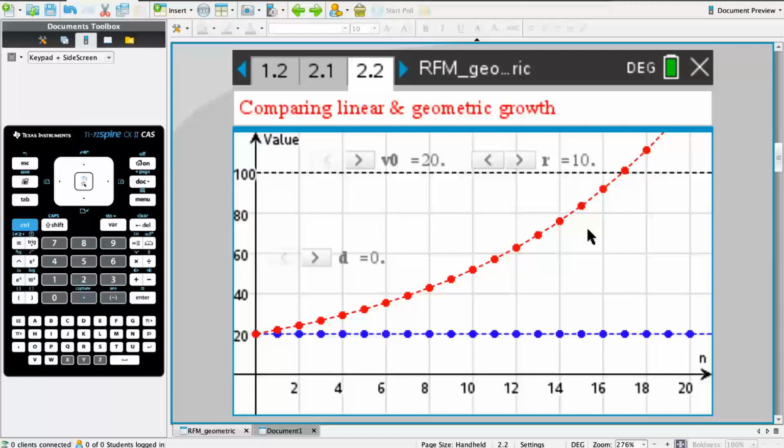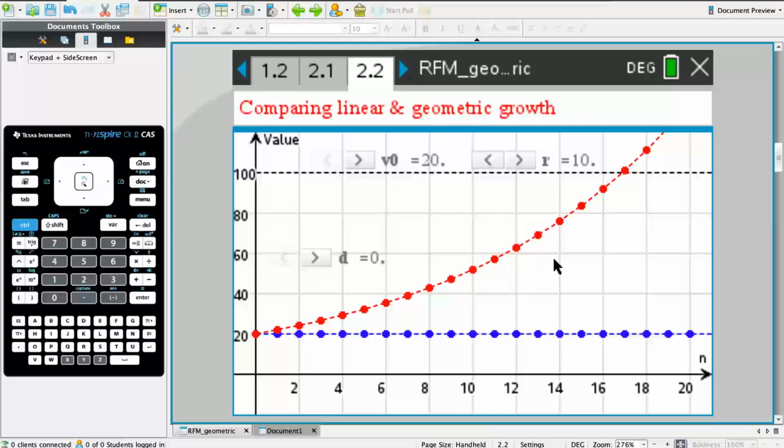Now, you'll notice here I've put the dots, and then I've got dashes in between. The dashes really aren't used. They're just there to show that there is a pattern, but of course there are no values in between that we would consider when we're strictly using this model.